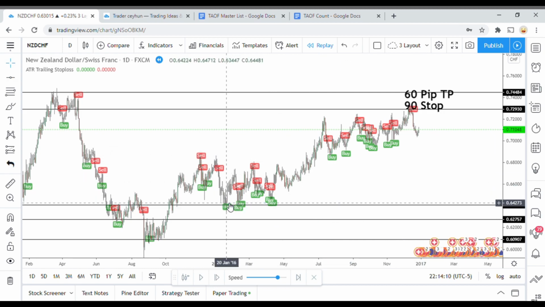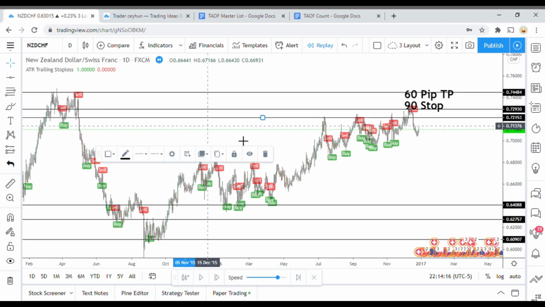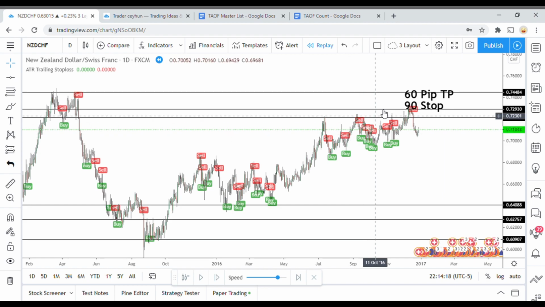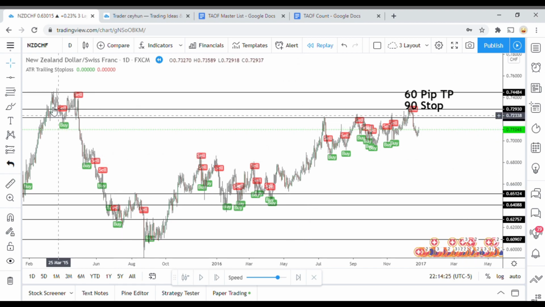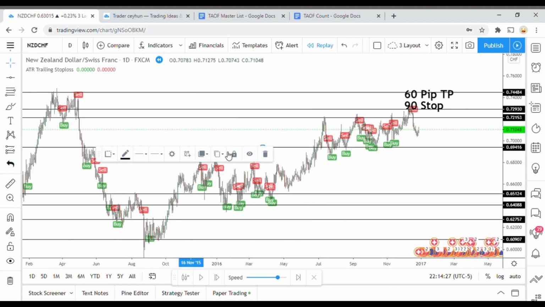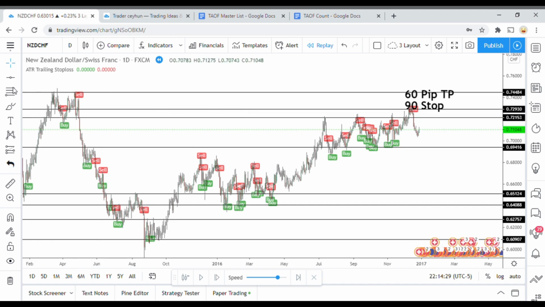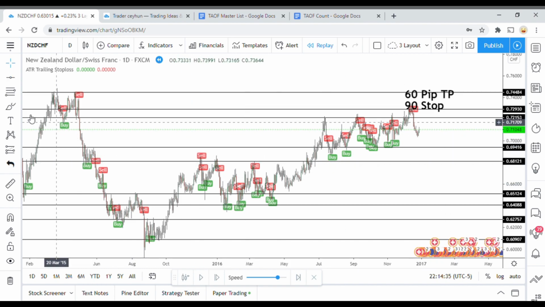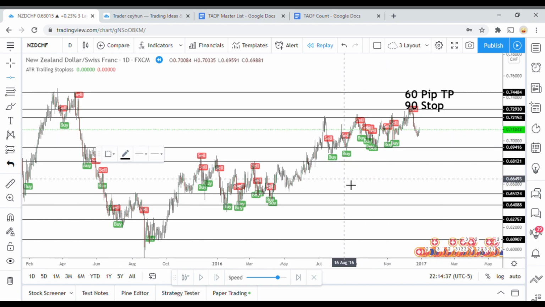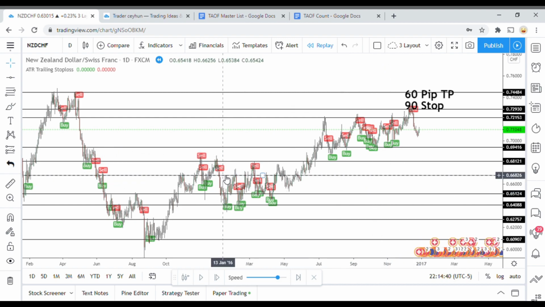So basically, I'm just putting a line starting top and bottom and working my way down, putting lines where price action has come up and touched, or come down and touched in that area multiple times. Basically just mapping out the peaks and valleys of market structure. And that will outline areas of potential support and resistance.